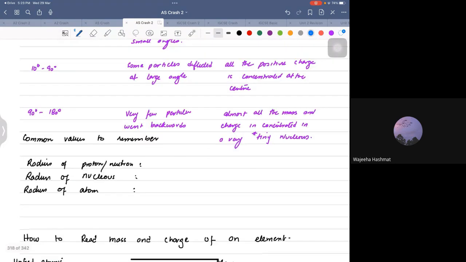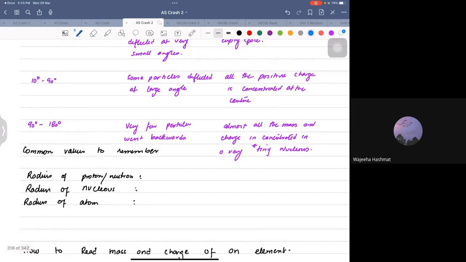Now, the next thing is some common values to remember. The radius of a proton and neutron is 10 raised to minus 15 meters. The radius of the nucleus is 10 raised to minus 14 to 10 raised to minus 15 meters, and the radius of an atom is 10 raised to minus 10 meters.